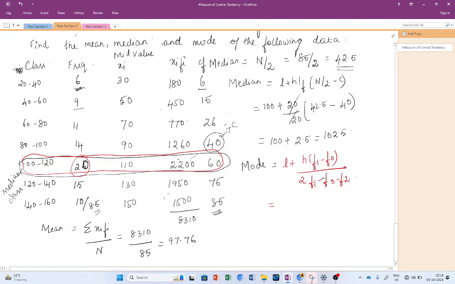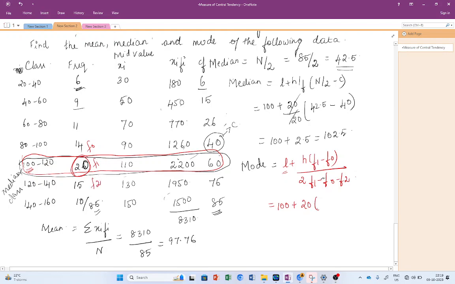Okay, so now coming to mode. L, you know, is the lower limit. So the lower limit here in the modal class is 100, plus your H is the difference of the two limits, so it is 20, into F1 minus F0. Here the corresponding frequency is F1, the preceding one is called F0 and the succeeding one is called F2.